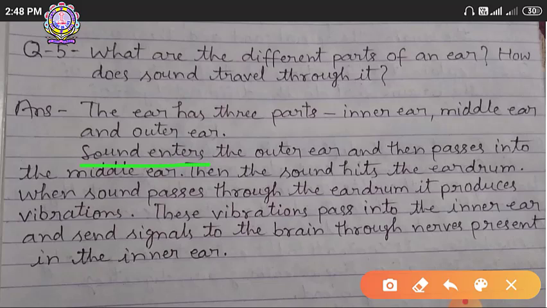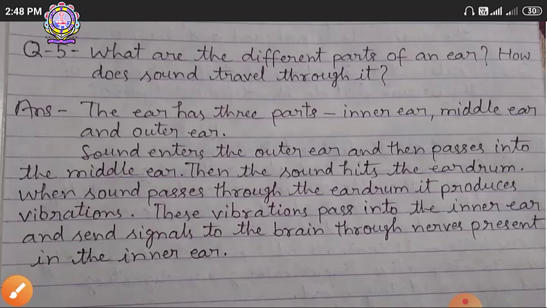Sound enters the outer ear and then passes into the middle ear. Then the sound hits the eardrum.